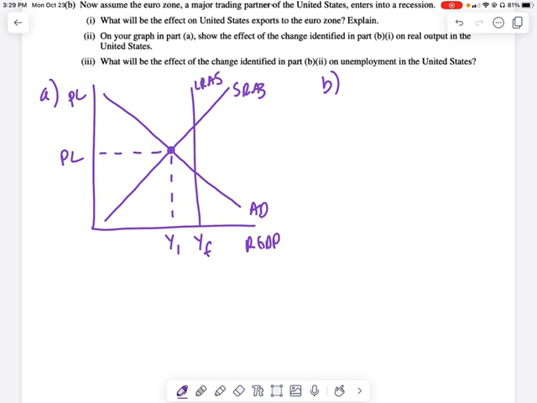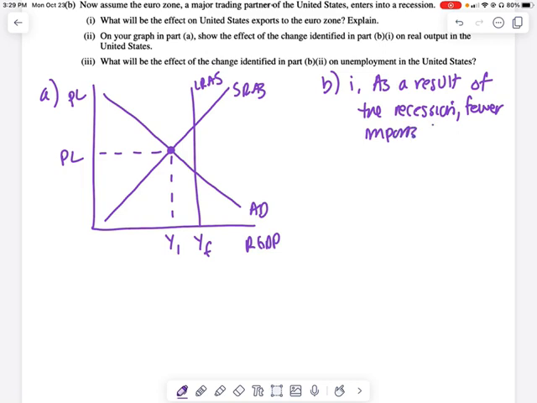So what we're going to do is explain B1, and we will say that as a result of the recession, fewer imports from the United States. Well, they're exports from the United States.